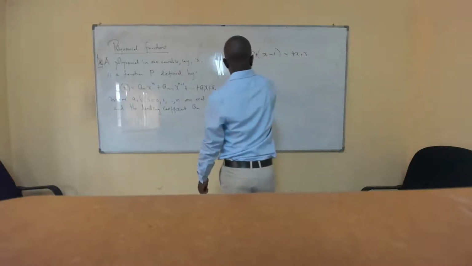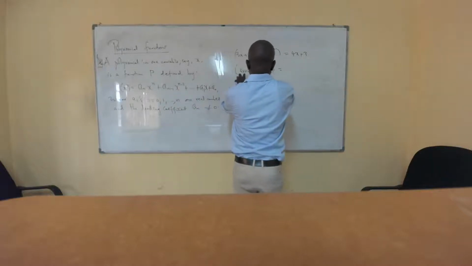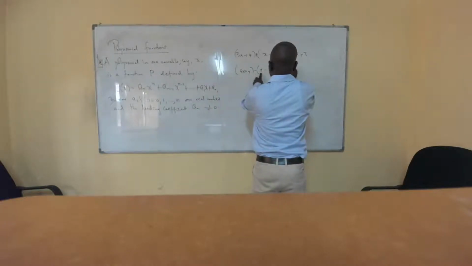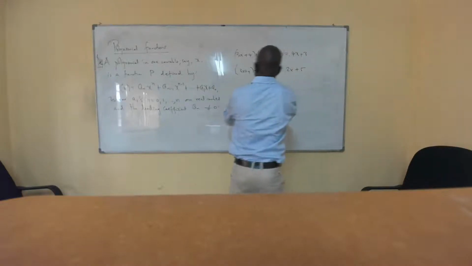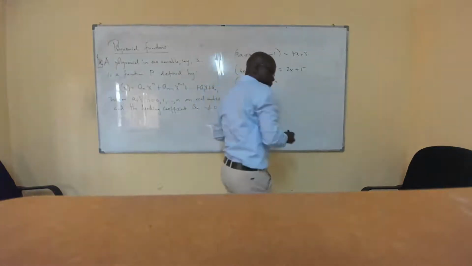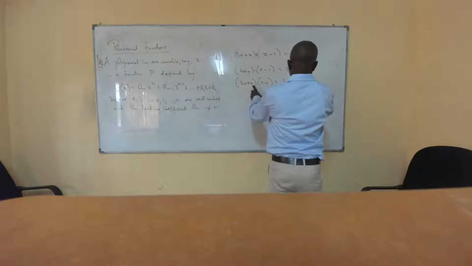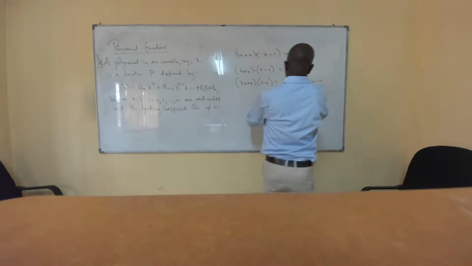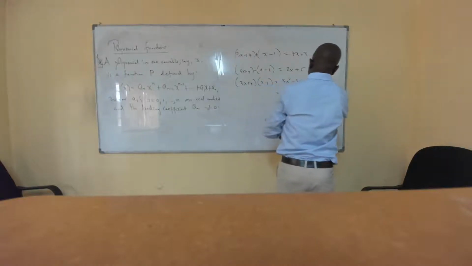Or subtract: this and that will be 2x plus 5. You can also multiply them, where you say this times that, 3x squared, then minus 3x plus 4x minus 4, and then combine like terms, plus x minus 4.